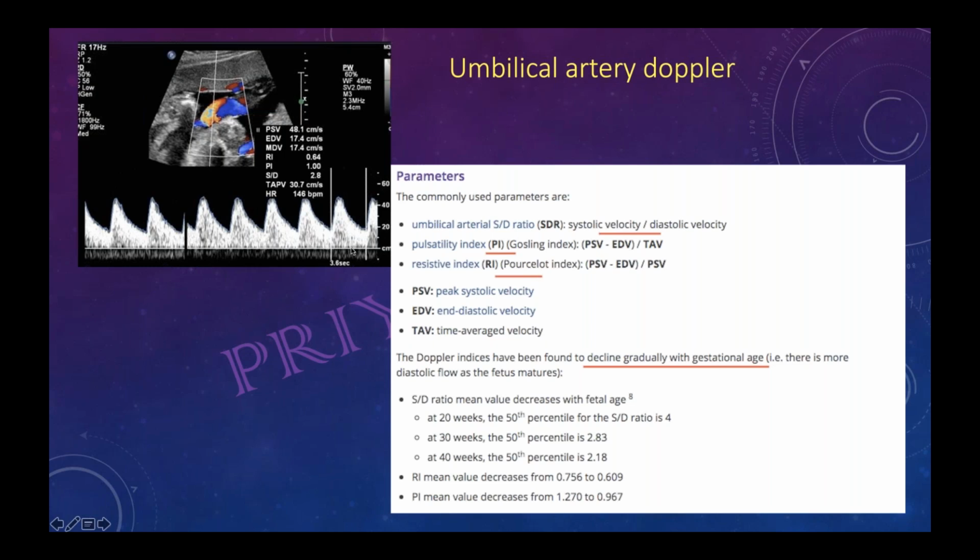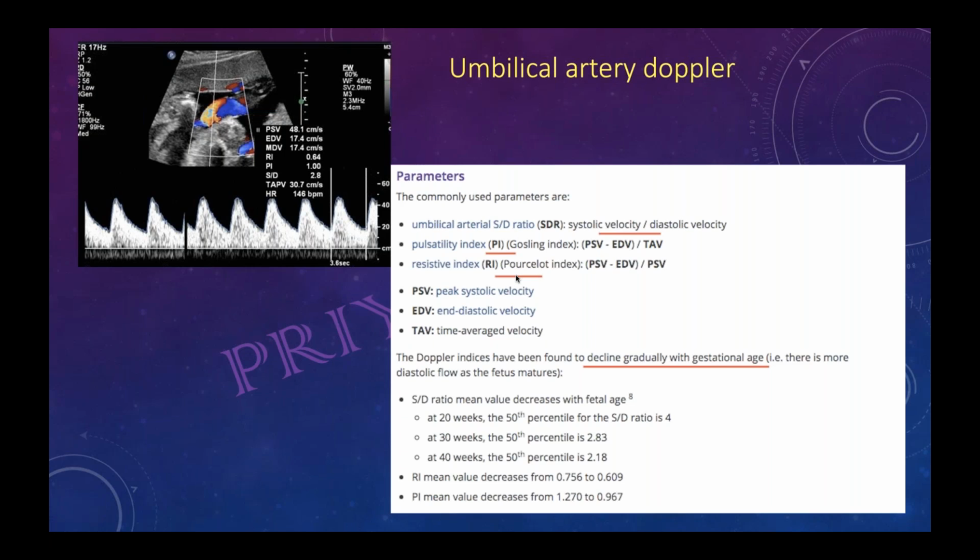Now you can see this is the normal umbilical artery Doppler. This is the umbilical artery, this is the systole, and this is the diastole. When this graph is there on the ultrasound machine and you put a marker on it, some calculations come automatically.